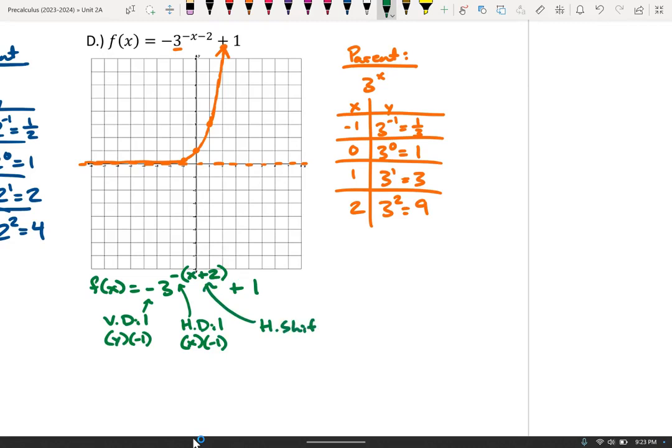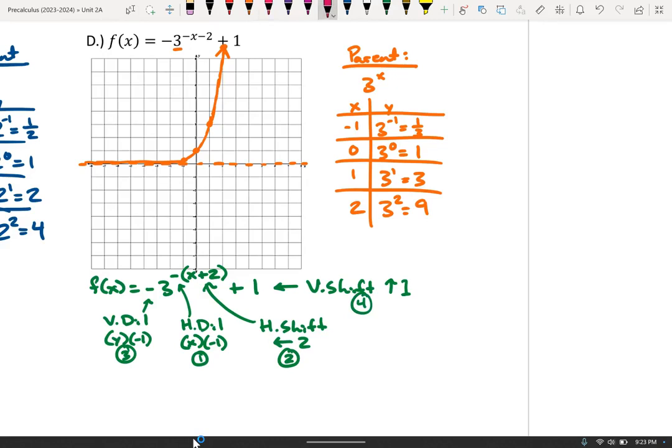It's plus 2, so that's going to go to the left 2 spaces. And then we have a vertical shift, which is going to be up 1 space. Now, our order, remember: horizontal dilation, horizontal shift, vertical dilation, and then vertical shift. So let's go ahead and apply our transformations.